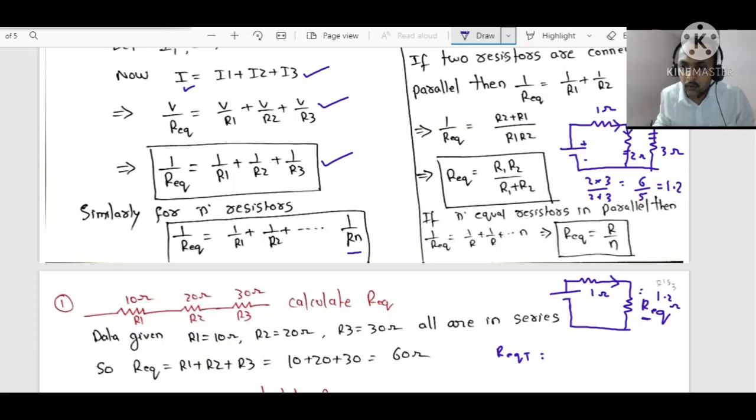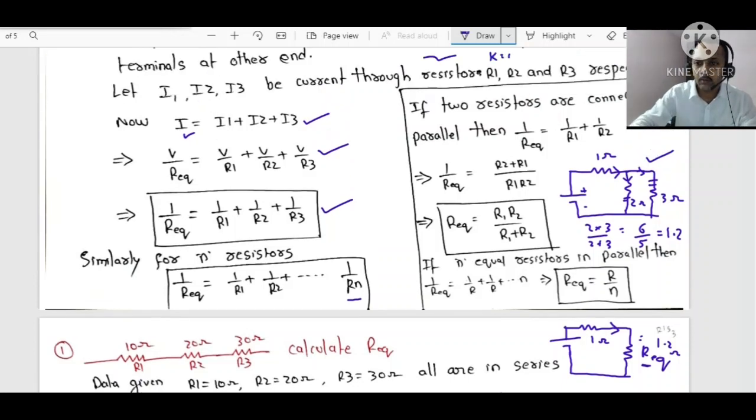Why? Because the same current is flowing. So this 1 plus 1.2, how much is this? 3.2 ohms. Like this you have to understand, very very important. In this small example, only two resistors are in parallel and its resultant is in series with 1 ohm, and based on that you should tell the final answer.